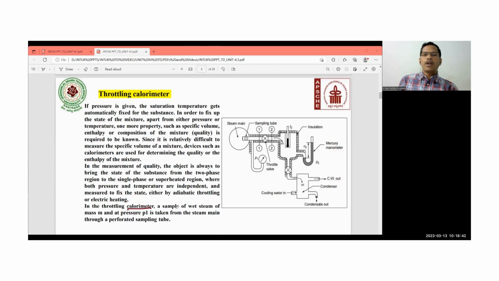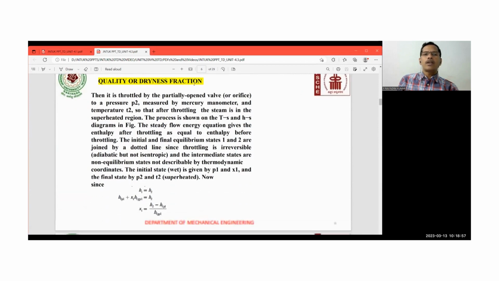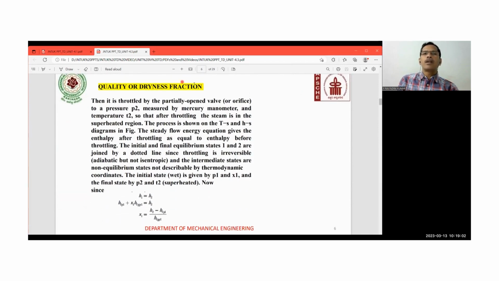In a throttling calorimeter, a sample of wet steam of mass m at a pressure P1 is taken from the steam main pipeline through a perforated sampling tube. Related to this, we have already learned about the throttle valve or throttling calorimeter, where the enthalpy remains constant, but the entropy change is greater than zero.